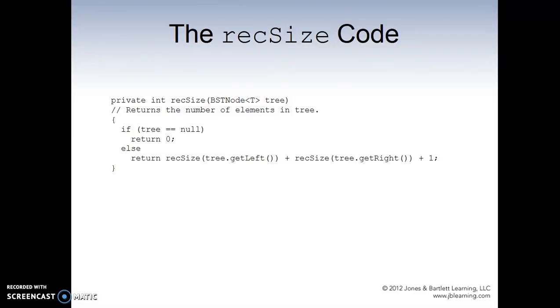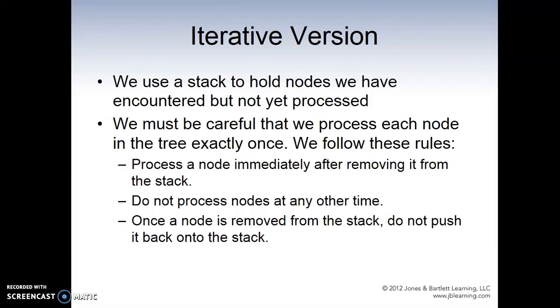Now if you look at the iterative version, how would you do that? Alright, so we said we use a stack to hold nodes we have encountered but not yet processed. We must be careful that we process each node in the tree exactly once.